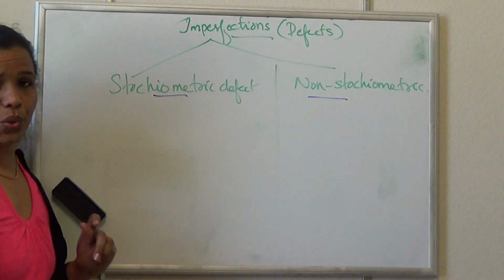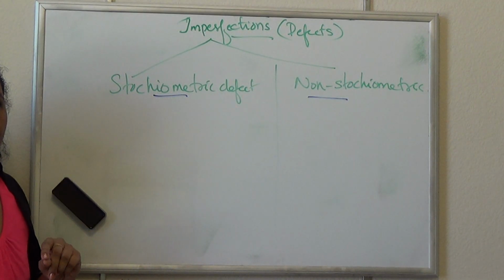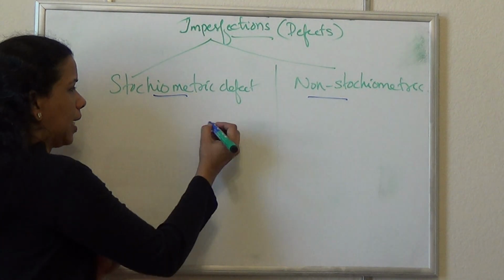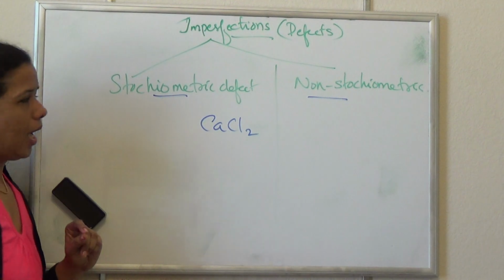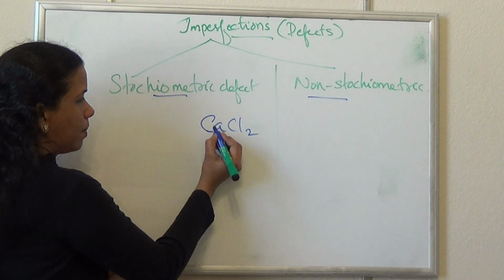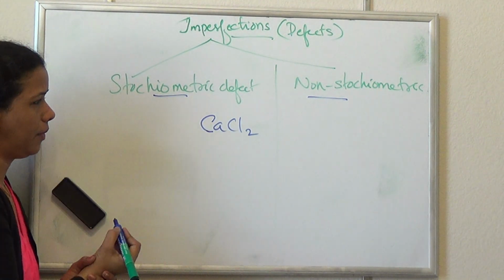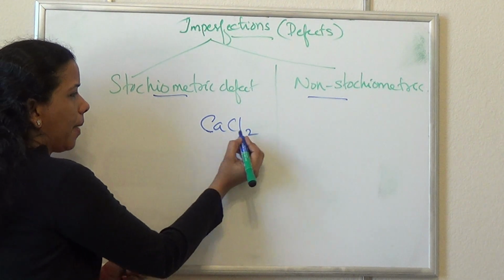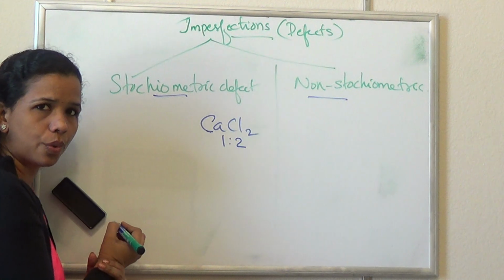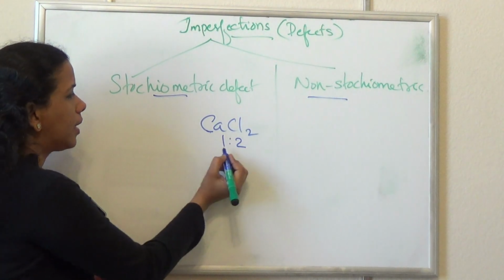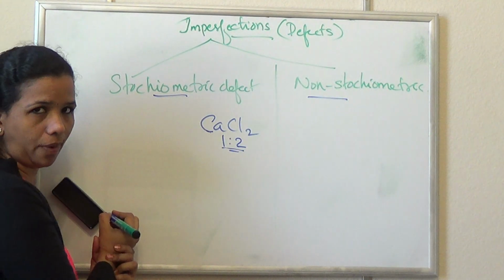What is meant by stoichiometry of a compound? For example, we are taking calcium chloride. What is its stoichiometry? Here, this is the positive atom and this is the negative. Here calcium and chlorine are in the ratio 1:2. That is the stoichiometry of this compound.